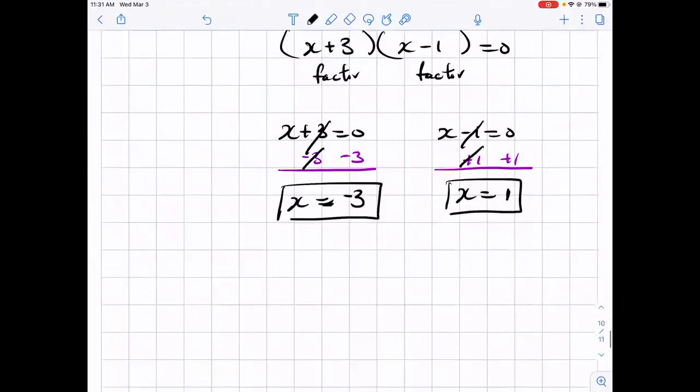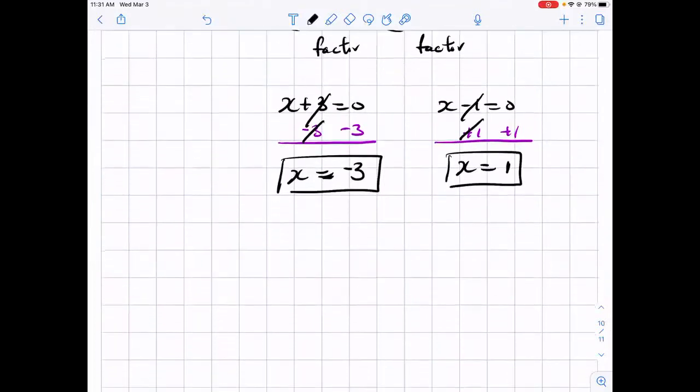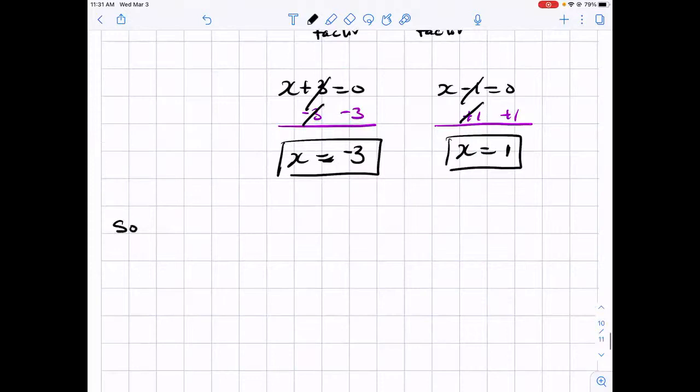Let's look at another example. Let's solve the root of 2x minus 5 minus the root of x minus 3 equals 1.